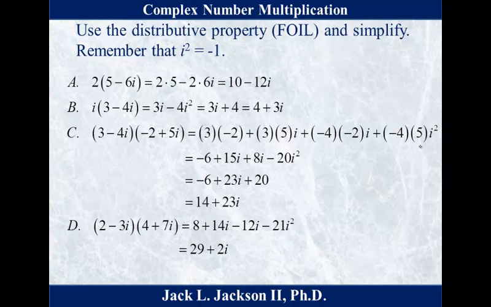The inner product is negative 3i times 4, which is negative 12i. And the last times last is negative 3 times 7, which is negative 21i squared. i squared is negative 1, so that makes that plus 21. 21 plus 8 is 29. 14i minus 12i is 2i. And so we can do that. You might even be able to do the whole thing in your head with a little practice.